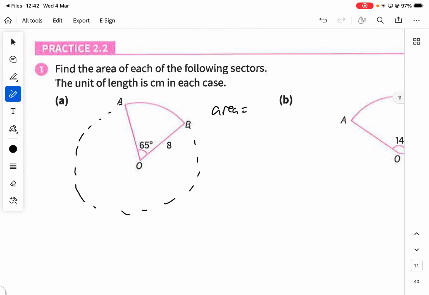Just now for arc length, we took angle over 360 times the circumference. Now we want the area. So this area is also a proportion of the entire 360 degrees. So 65 out of 360 times pi r square. Once you know your arc length, your sector area goes by the same idea.